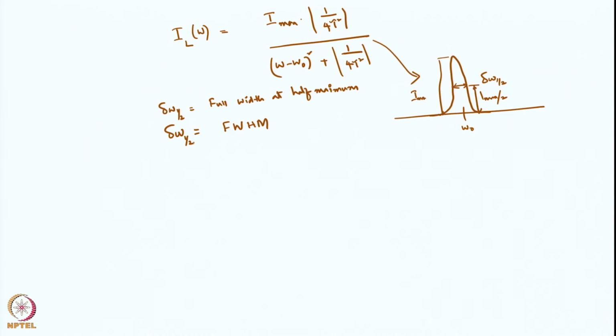It turns out that delta omega half will be equal to 2 pi delta nu half.